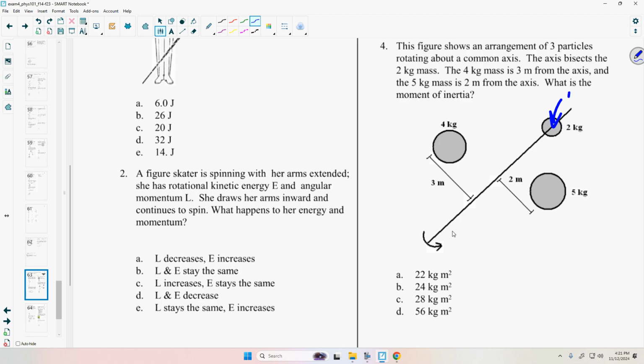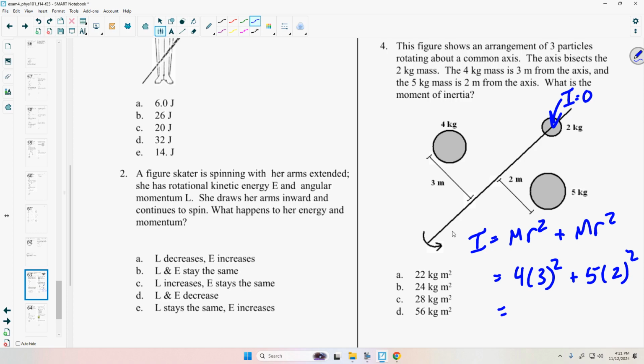So the moment of inertia of this particle is equal to 0, because r is equal to 0. The other two, I need to find that moment of inertia. It will be equal to mr squared plus mr squared. That's going to be 4 times 3 squared plus 5 times 2 squared. 36 plus 20 is 56. It's a system of particles. That's the way you'll treat it.